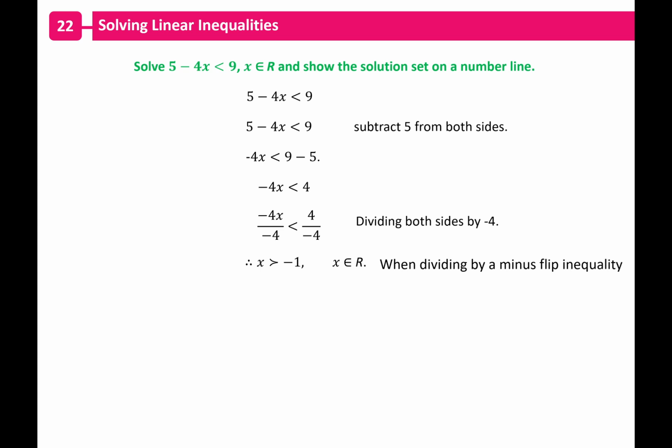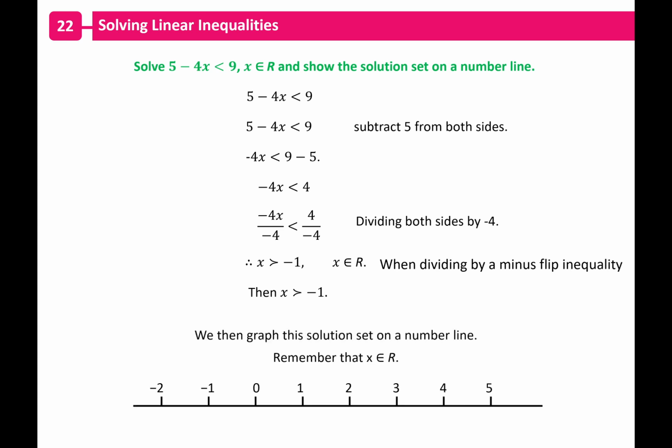Now let's look at the second part of this question. Show our solution set on a number line. To show that x is greater than minus 1 and x is a real number, we draw our number line and go to minus 1 on our number line. We're showing that x is any value that is greater than minus 1.